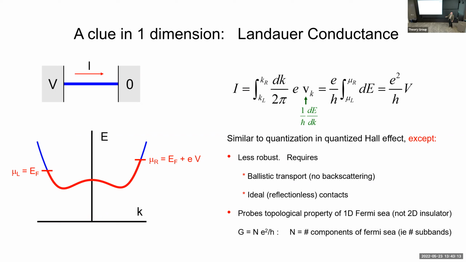Okay, I can keep moving it until I cut the Fermi sea into two pieces, and if I do that, then I'm going to get two of these, and so I'm going to get 2 times e squared over h. Okay, and so this ballistic Landauer conductance is probing a topological property, which is kind of a trivial topological property. It's just counting how many disconnected pieces the Fermi sea has. Okay, and so that's the topology in one dimension.